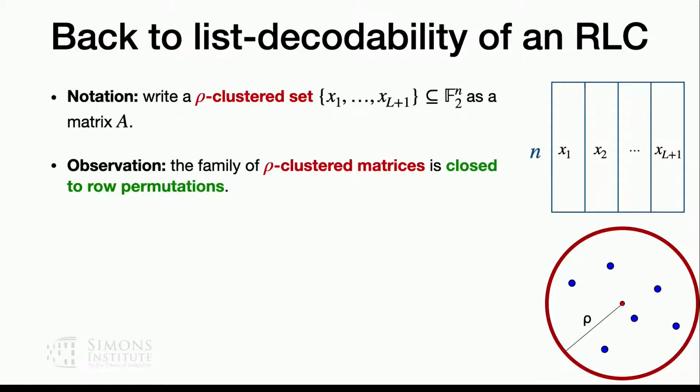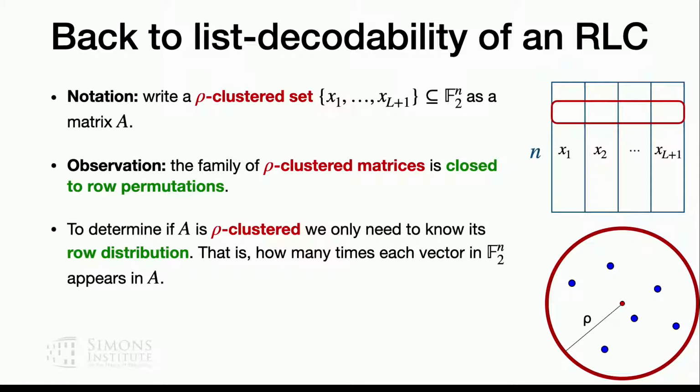If I switch a few coordinates here, if I switch rows, then obviously I'm not doing anything to the geometry of this set. The distances are still the same. It's equivalent to permuting the coordinates of the code, which does nothing to the geometry. So if some matrix is a witness, then permuting its rows is also going to give me a witness.